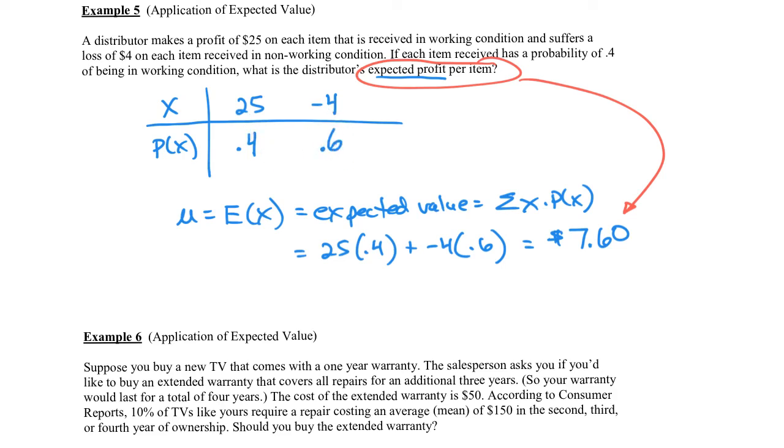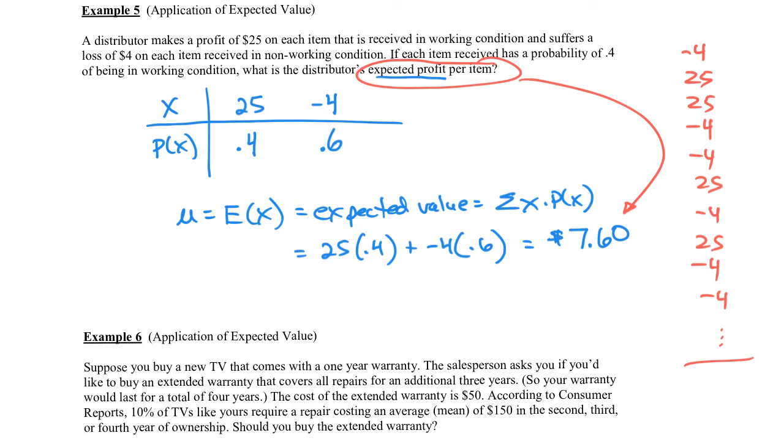So think if you had some game where you were randomly choosing these two numbers, with the rule that 40% of the time it's got to be 25, 60% of the time it's got to be negative 4, and you're just adding these up. So you have negative 4, 25, 25, negative 4, negative 4, 25, negative 4, and you just keep on going.